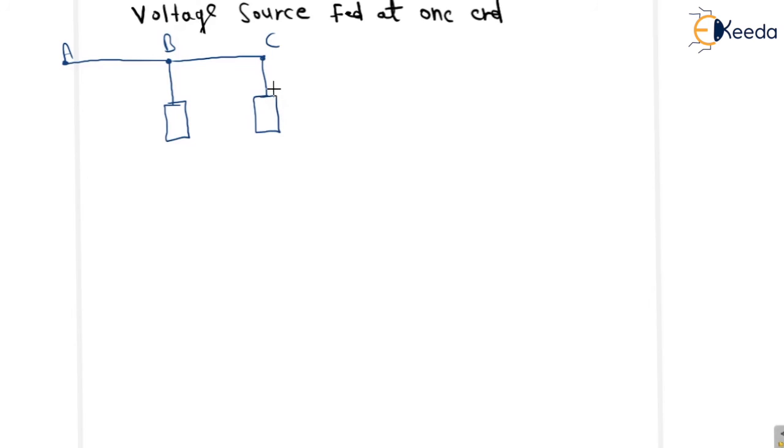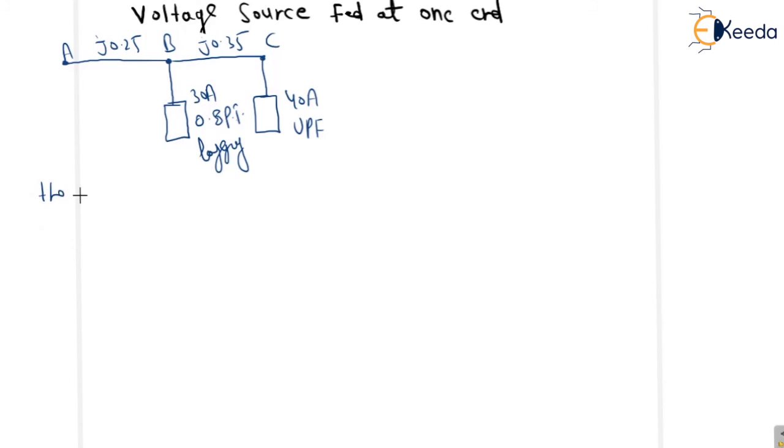This has been given as a 40 ampere UPF load, and this as a 30 ampere 0.8 power factor lagging load, and this value has been given as j0.25, and this as j0.35. The question is asking what the voltage drop from A to C will be. This question was asked in the GATE examination for 1 mark.